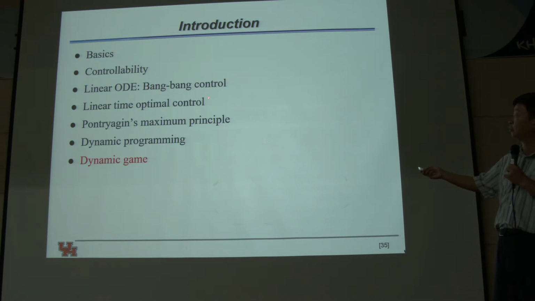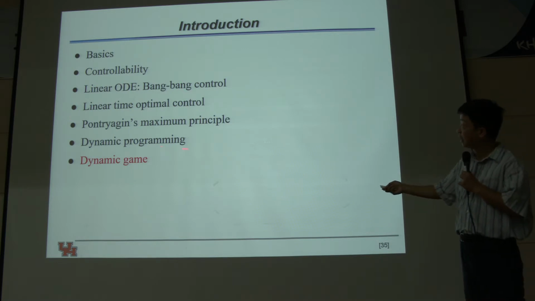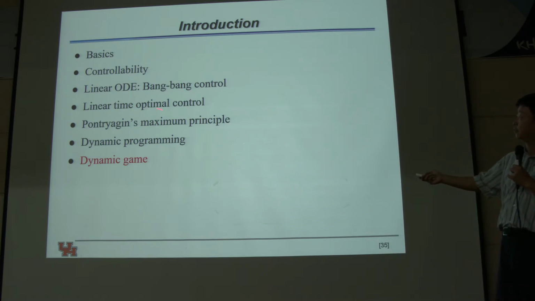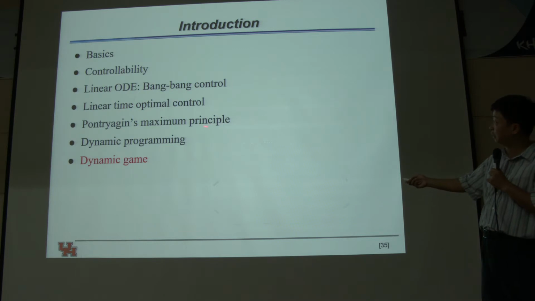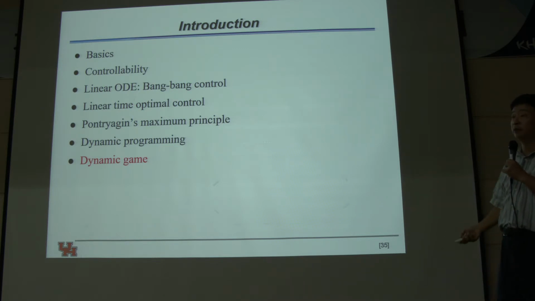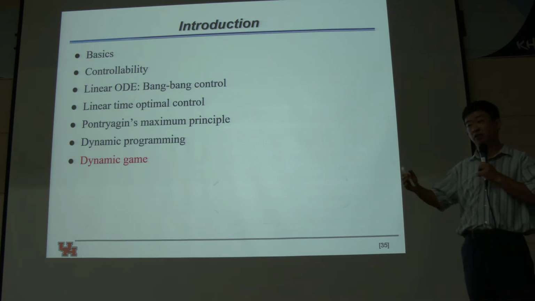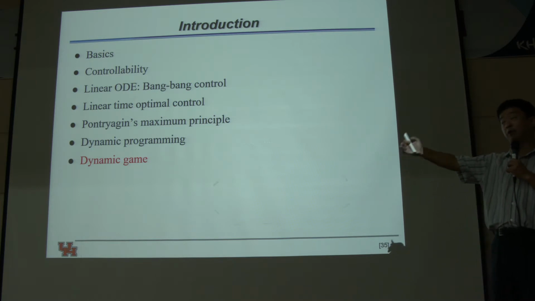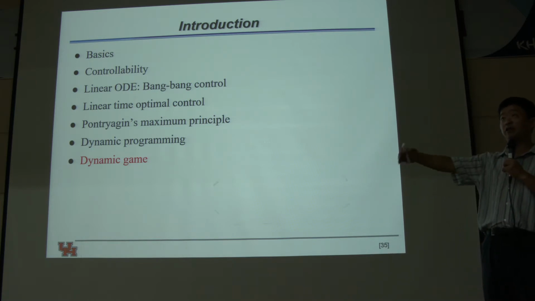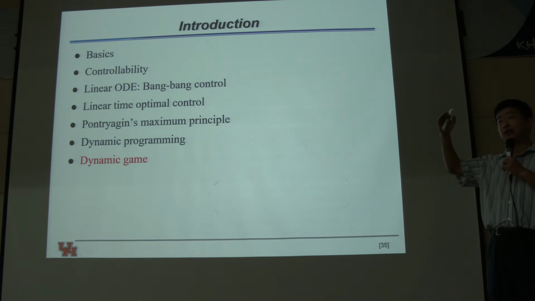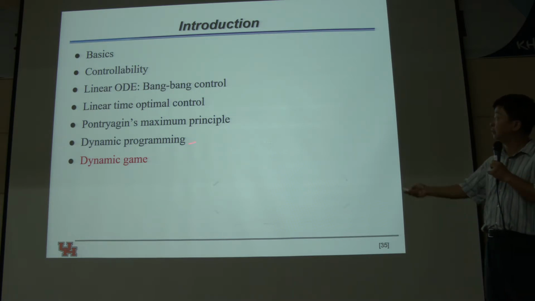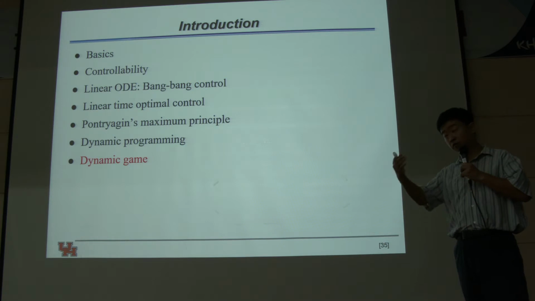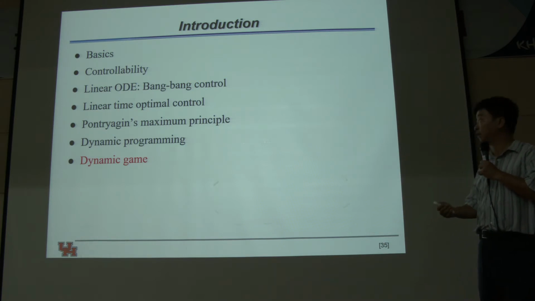After that, for the general case, you have the maximum principle. The maximum principle changes your original optimization problem, with the integration, into three equations: the ODE, the adjoint equation, and maybe a fourth as a termination condition. Then those problems become a constrained optimization.